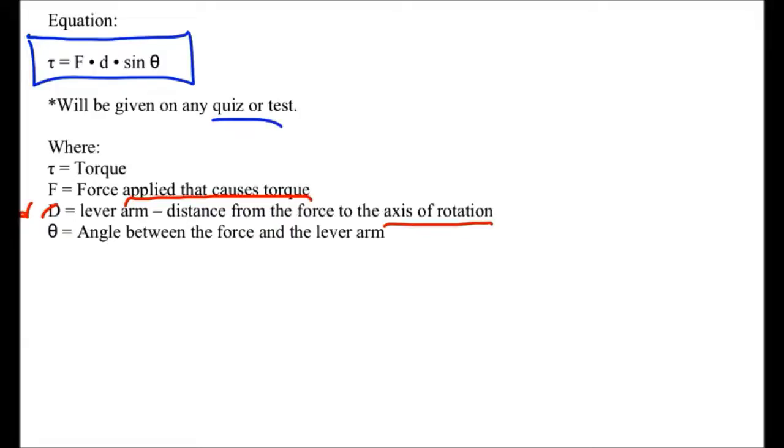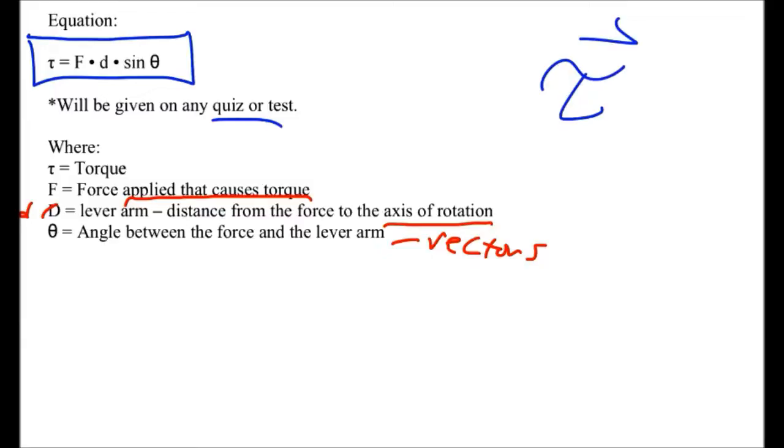And yes, they are vectors, so we need to know that. Since the torque equation consists of two variables that are vectors, force and the lever arm, that means that torque itself will also be a vector quantity.